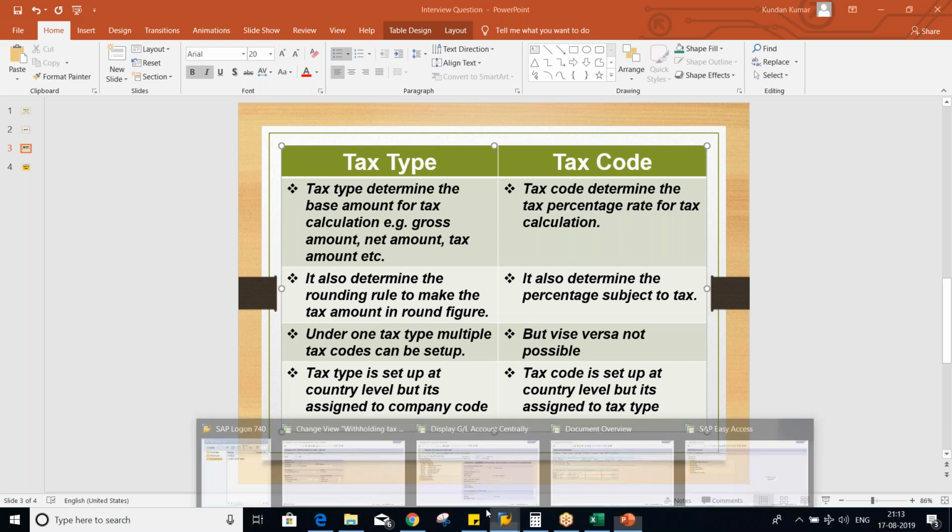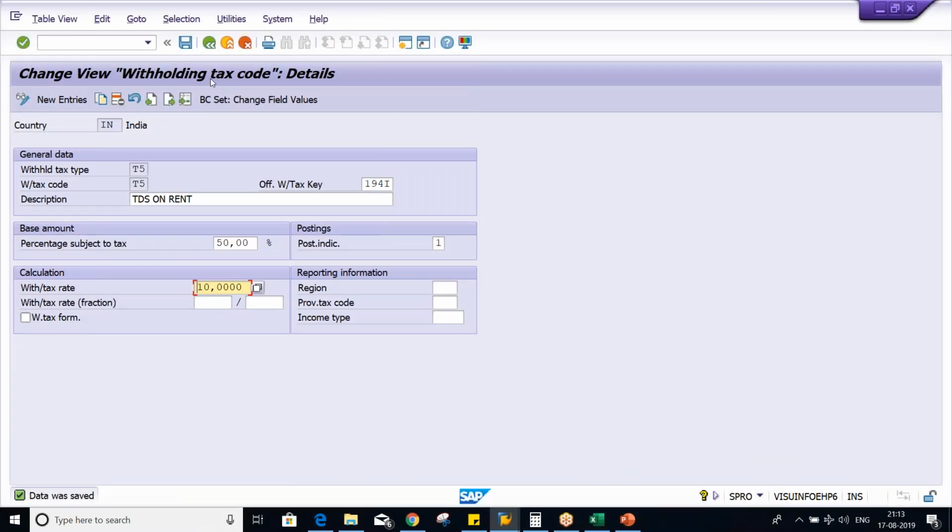I'll tell you guys. Let's suppose here, look at here, withholding tax type. Tax type I have given here, and then under that we have set up this T5, a tax code.